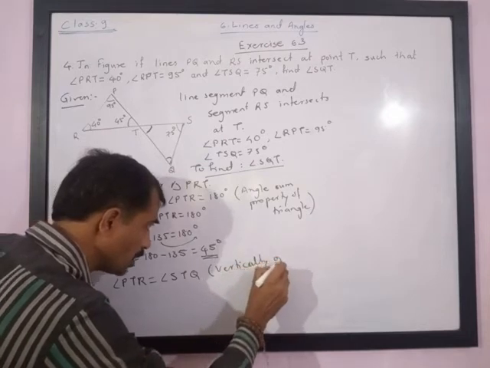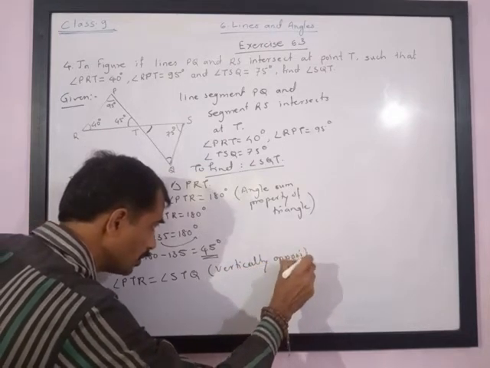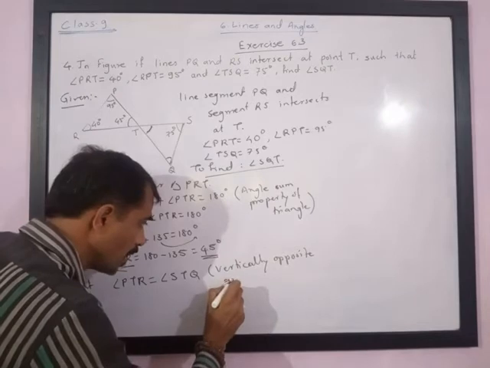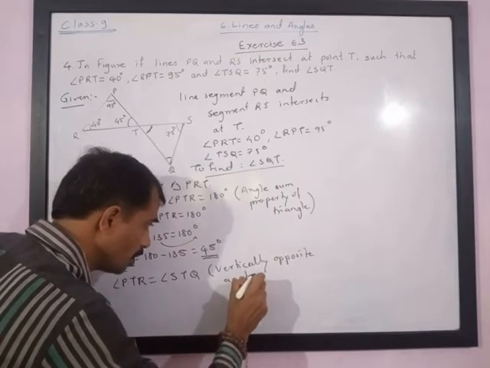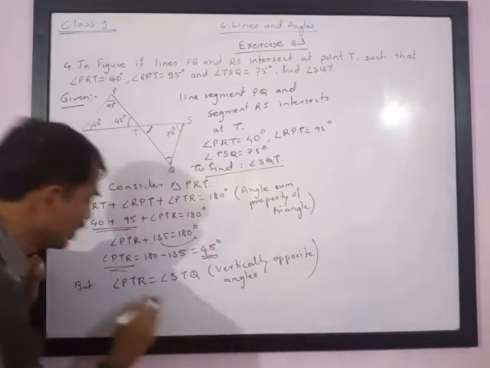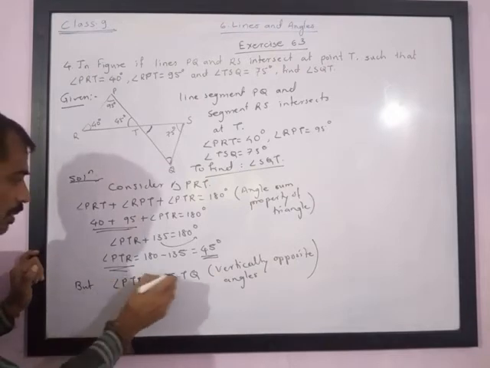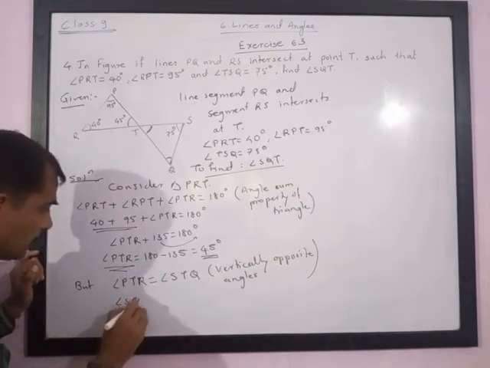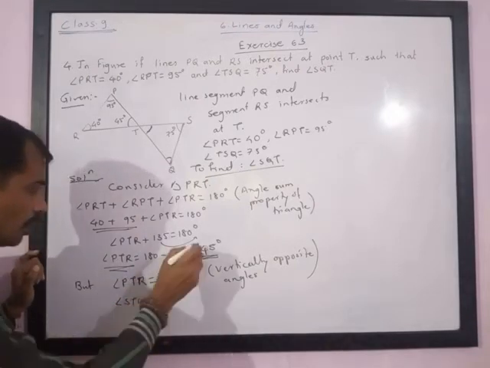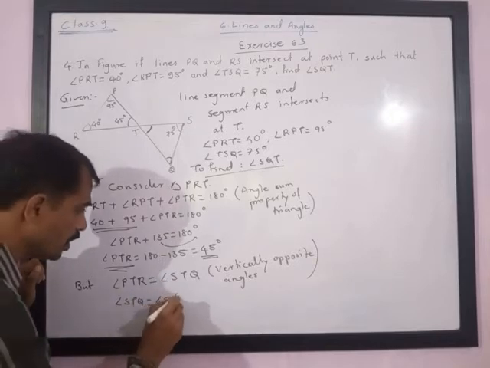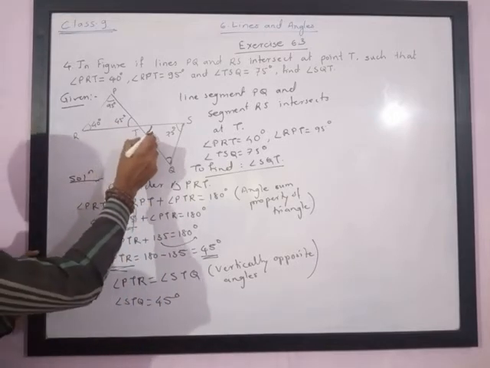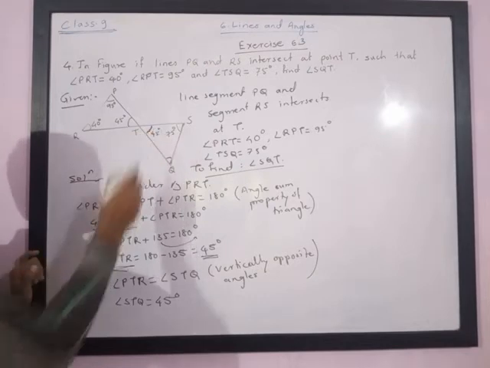Vertically opposite angles have equal measure, you can say. It means angle STQ is equal to 45 degrees. So thus we have got this angle STQ is also 45 degrees.